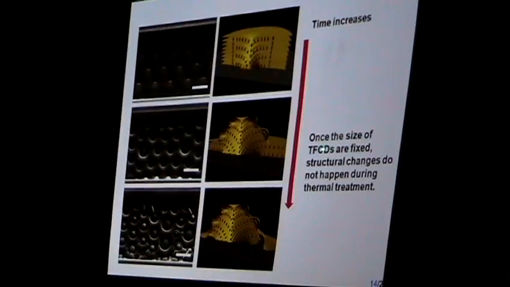But once the TFCDs are fixed from the beginning, I mean, once pre-made TFCDs exist, the distance between the originally made TFCDs remains even if we apply some heat. So as you can see in this picture, as time goes on, the distance between the TFCDs does not change. Absolutely.